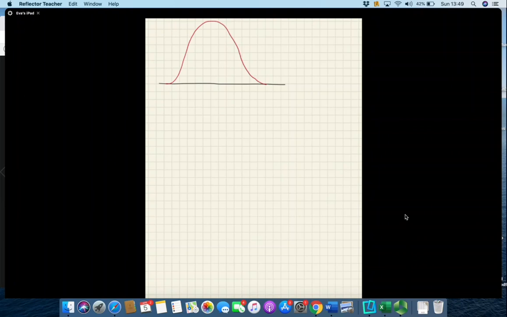So the bell curve, completely symmetrical. Down the middle of it is your mean, often given the Greek letter mu. Okay, bell curve may look new to you, but it's not overly new.